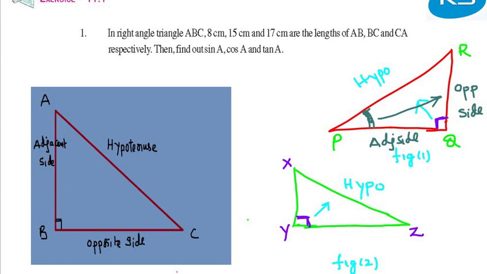Come back to the second figure. If I consider angle Z as a reference, what is opposite to angle Z? That is the side XY. This is referred to as the opposite side.